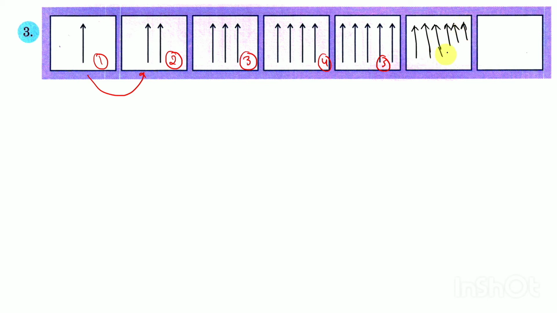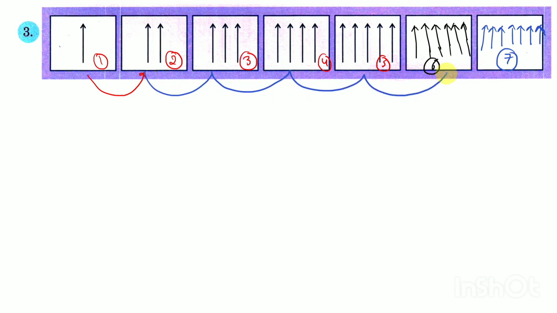The length will be equal. So there are 6 arrows, and in the next figure there will be 7 arrows: 1, 2, 3, 4, 5, 6 and 7. So there is always an increase of one more arrow or bow in each succeeding figure.